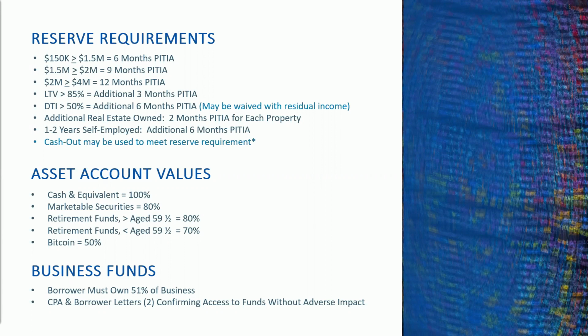If we have greater than 85 LTV, it's going to be an additional 3 months, and DTI exceeding 50 is an additional 6 months, unless we can meet the residual income requirement. If you're familiar with the VA's residual calculator, ours actually matches that. We do have our own proprietary calculator, but it is very similar to that of the VA.